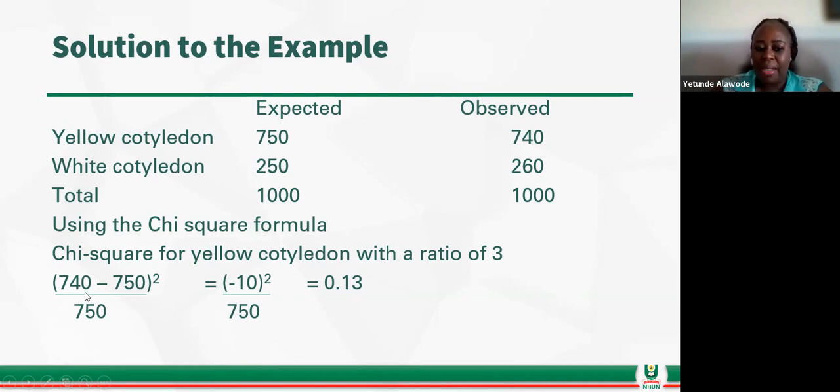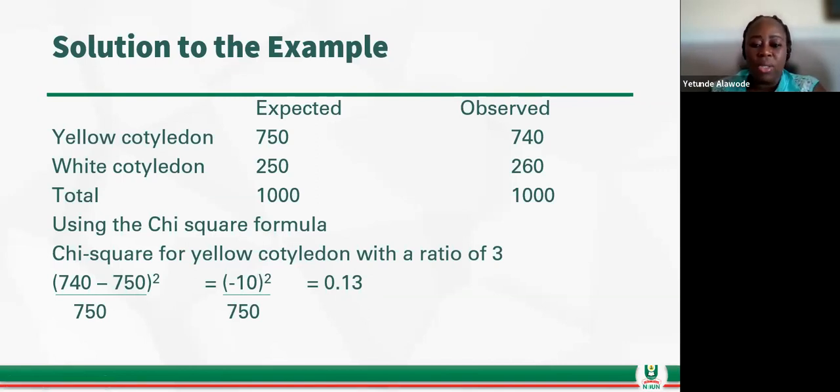Now, using your chi-square formula, which I have given you before, you have your observed minus expected, all squared, over expected. You just substitute, and in this case, you get minus 10. If you square minus 10, you get a positive value, because you can't get a negative value, so you have to be careful.